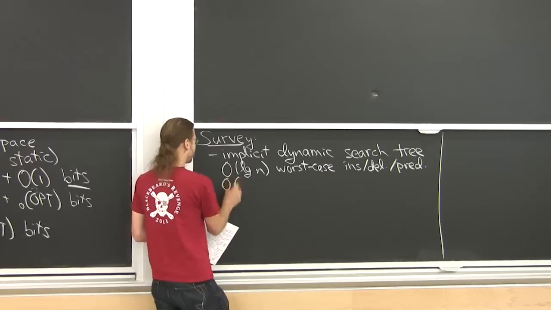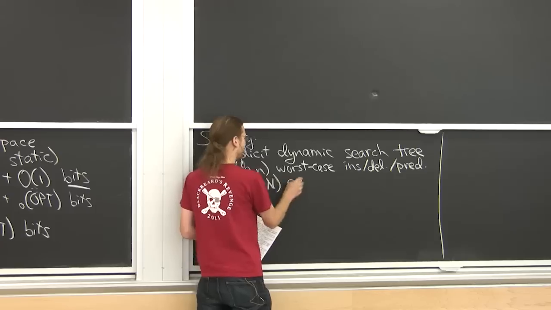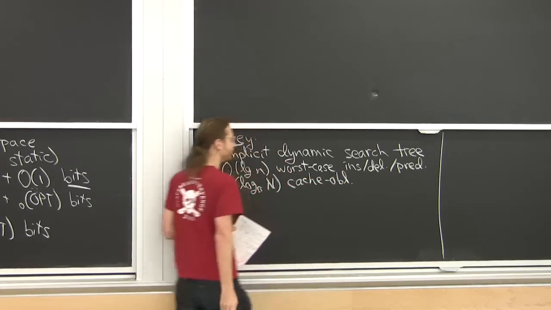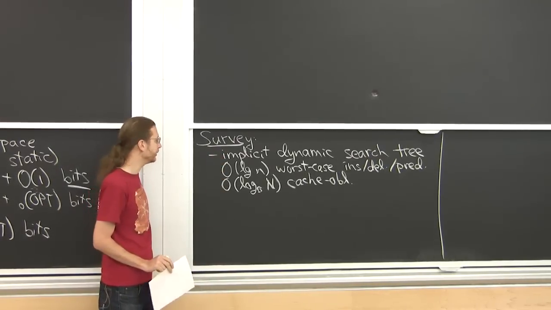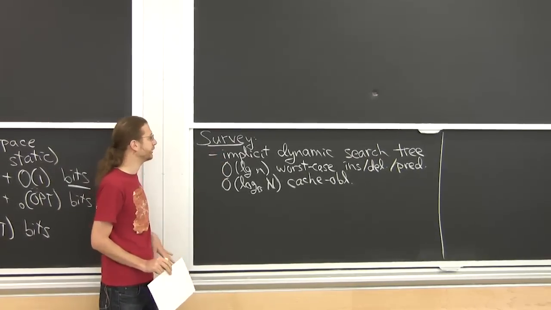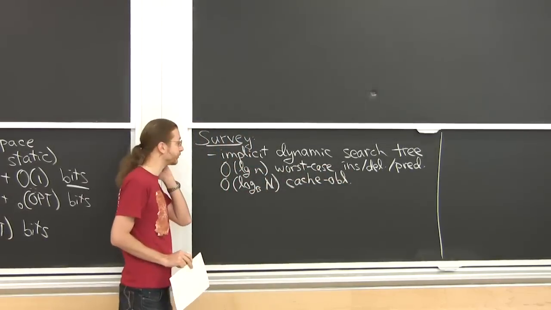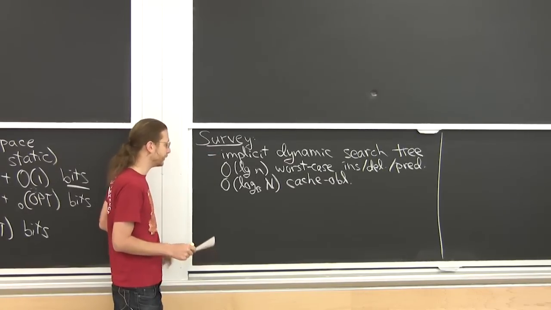Furthermore, it's cache oblivious: you can get log base B of n cache oblivious. So this has been pretty much completely solved. Implicitly, you can do all the good things we know how to do with search trees. Now, this is not trying to solve the predecessor problem using van Emde Boas and such tricks. That's, I believe, open. But for a basic log n performance, it's solved.